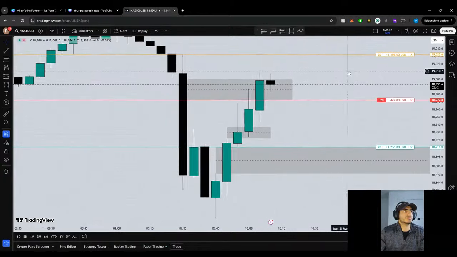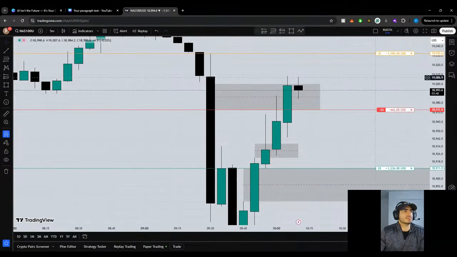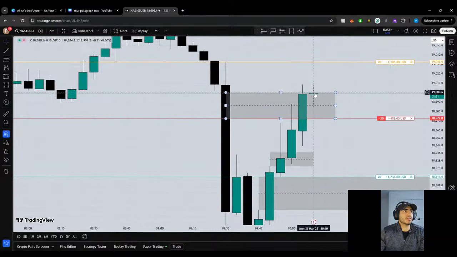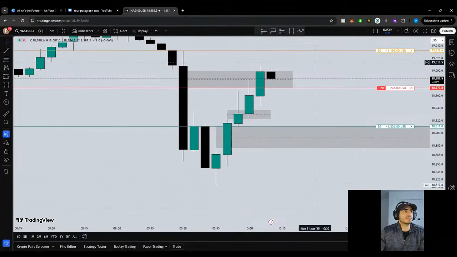Pretty sure. Nice rebalance. Now we're gonna have a nice little leg up. Boom. Interesting.